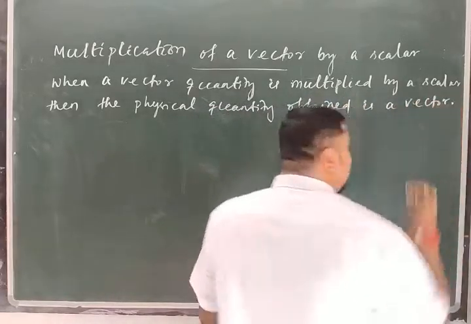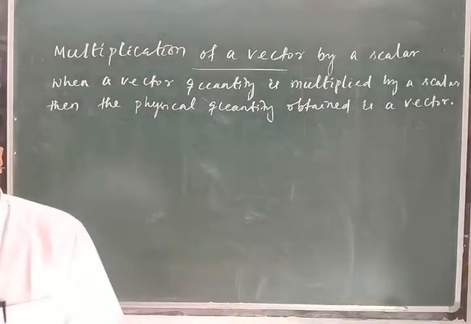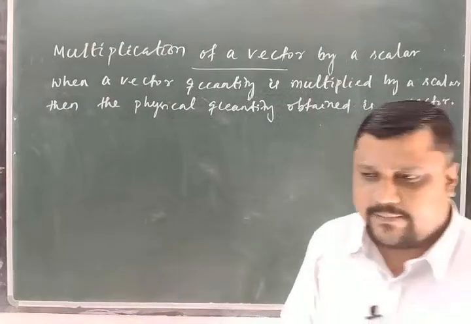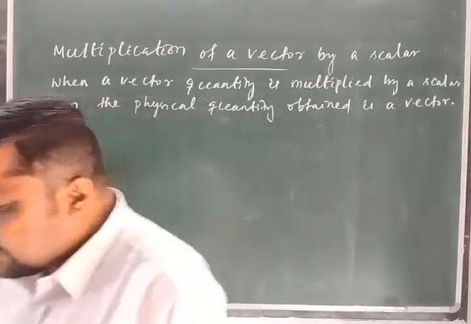If the physical quantity obtained is a vector, then a question comes to your mind: what will be its magnitude and direction? If it is a vector, it should have magnitude and direction.